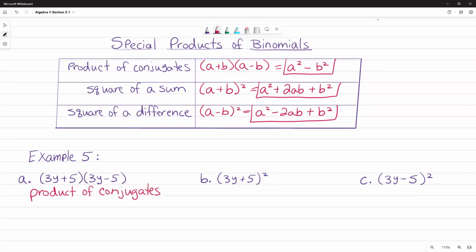That means our answer is just going to be A squared minus B squared. So what's our A term? 3y. Make sure you keep it in parentheses because you're squaring both of them. 3y squared minus what? Just 5. Yeah, 5 squared.